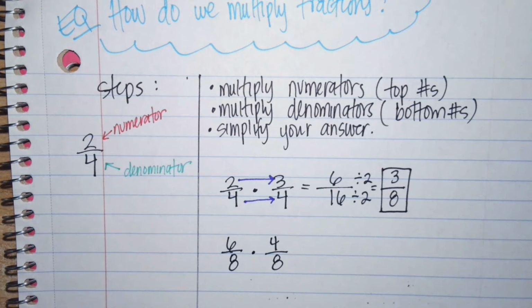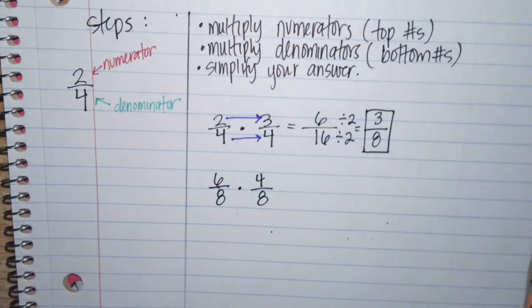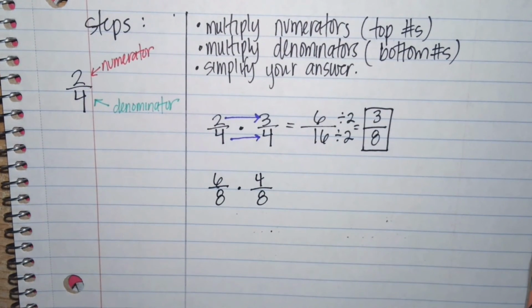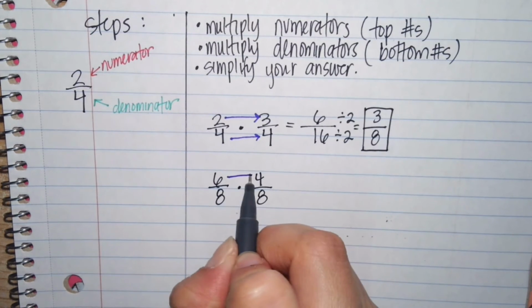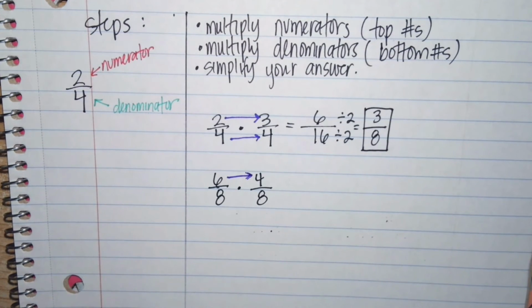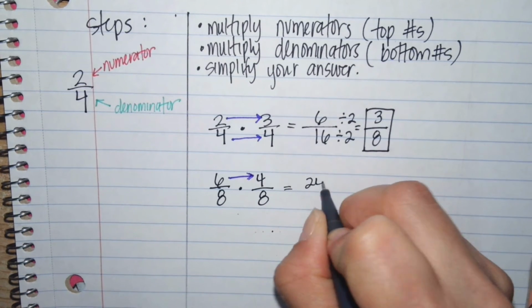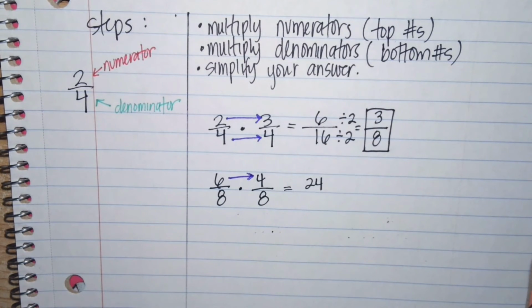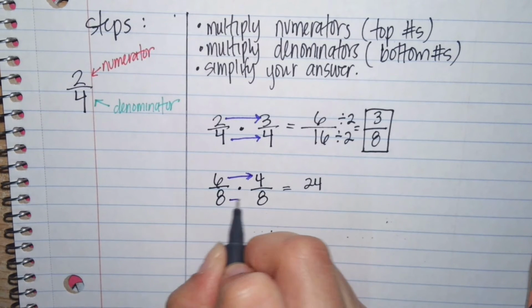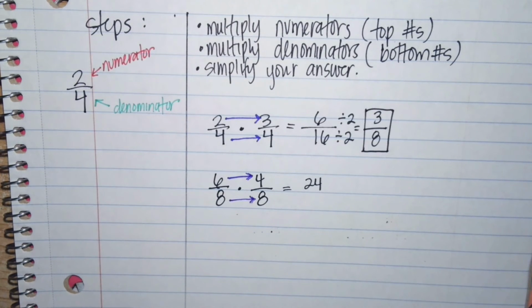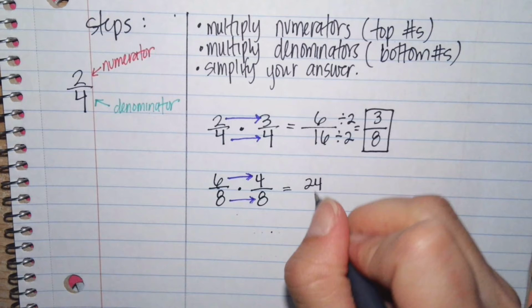Take your numerators and multiply them together. 6 times 4 is going to give us 24. I'm going to take now our denominators and multiply them together. That's going to give us 64.